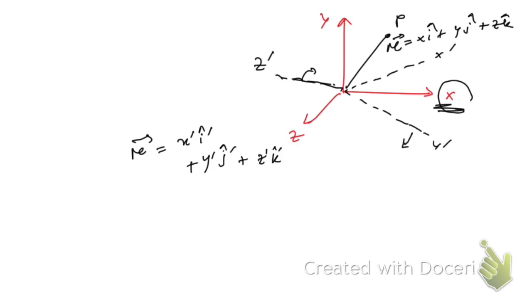Now let me write what I have considered here. These are the 2 frames. This is the origin, and this is the position vector r of this point P with respect to these 2 frames. This is the stationary frame which is at rest, with x, y, z.